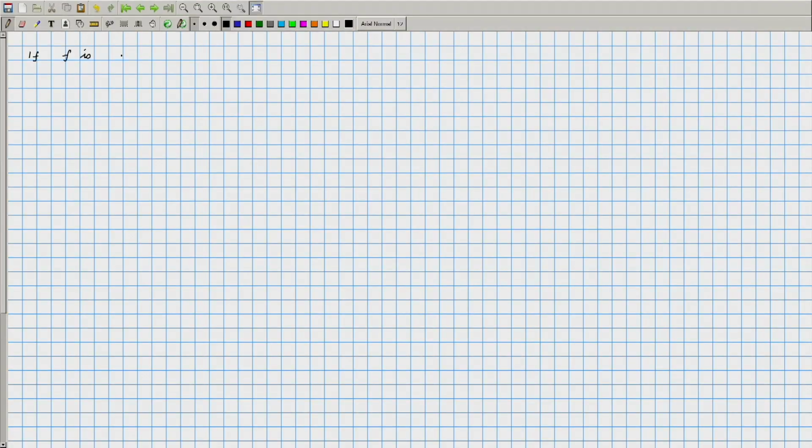Okay, so let us write this down. If F is a flow such that the residual graph GF does not contain any path from S to T, then F is a max flow.